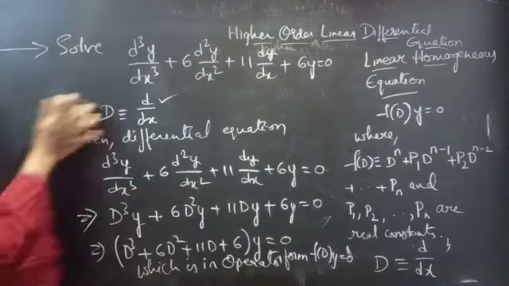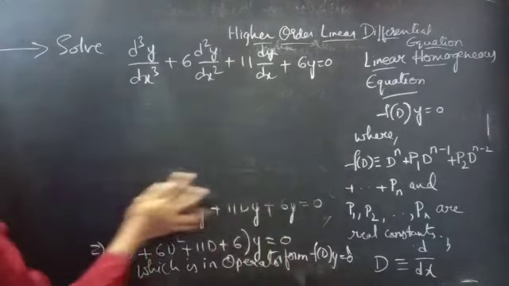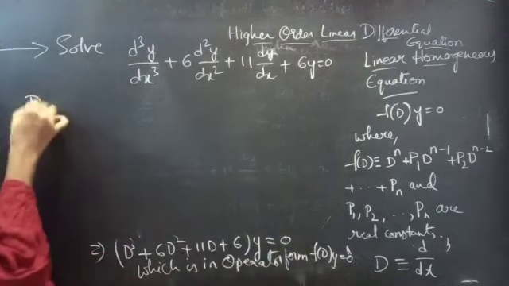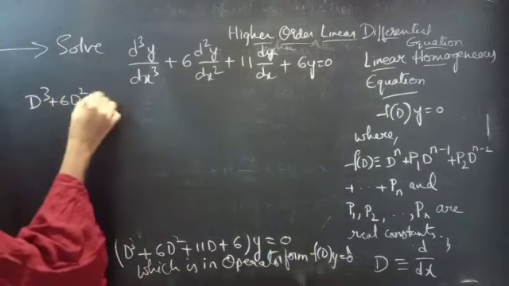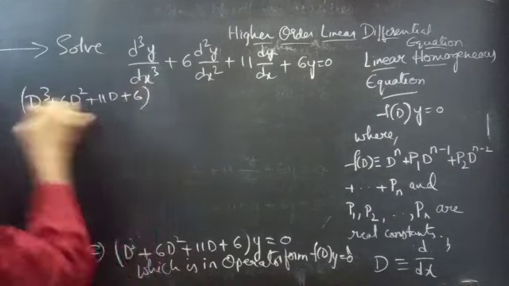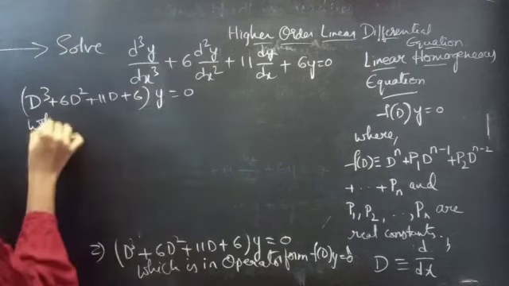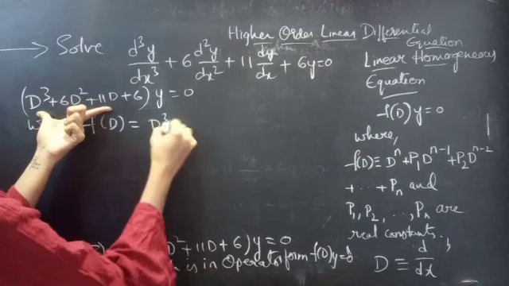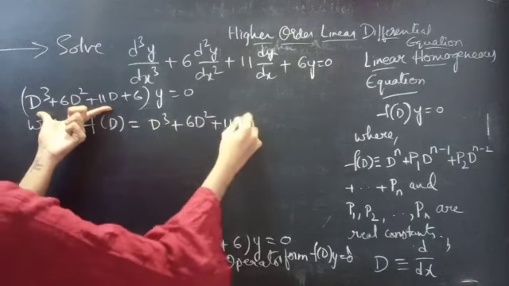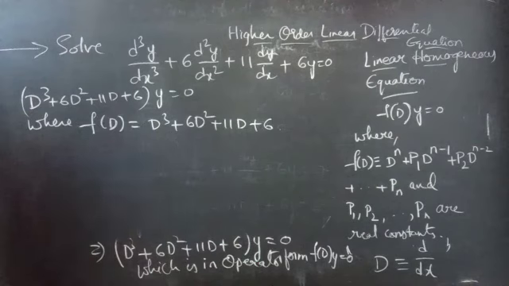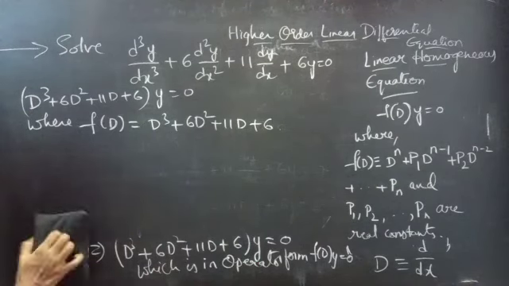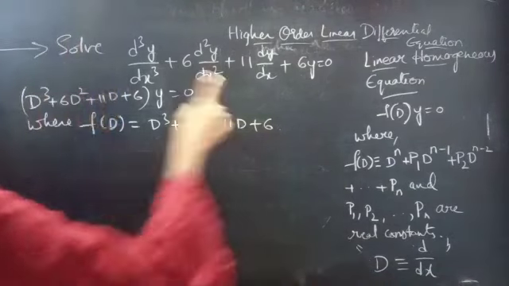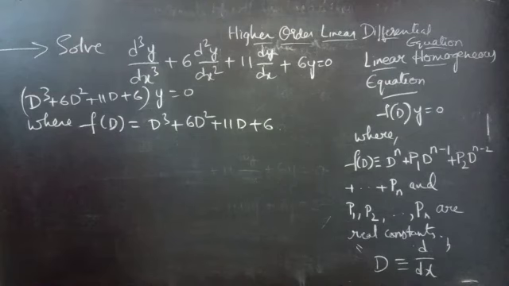Where f of D equals to, by comparing these two, we'll get f of D, right? Where f of D equals to D cube plus 6D square plus 11D plus 6. Fine. Now coming to the given equation, we wrote the given equation in differential operator form, right?